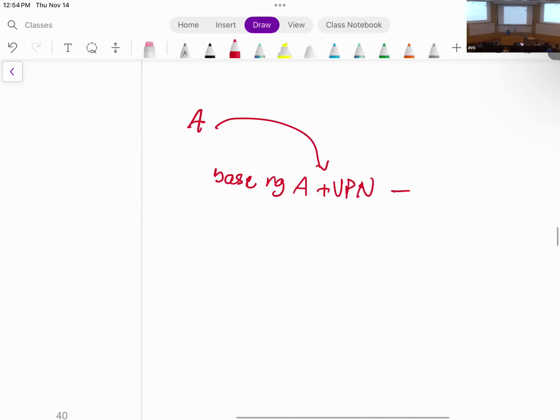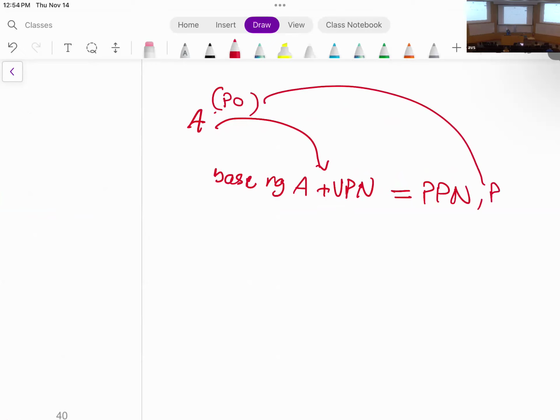This will give me the PPN. Then I'm going to take the page offset from here and concatenate that page offset with the PPN. And that will give me the physical address. That will be the exact address for the exact byte that I need to read.